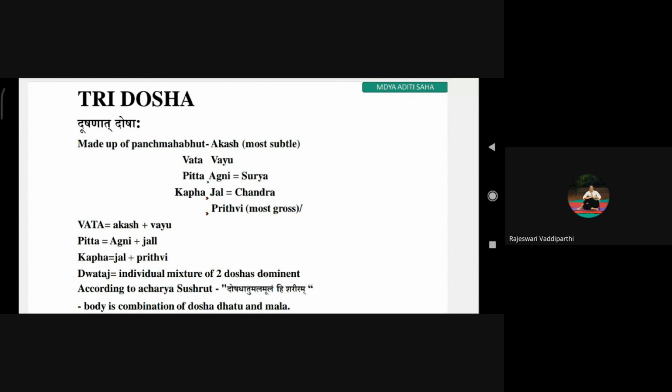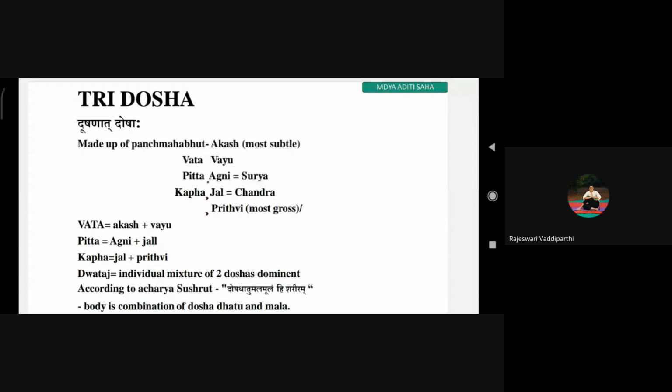Kapha dosha is mainly dominated by Jal Mahabhuta and Prithvi Mahabhuta, and Kapha is signified by Chandra or Moon.